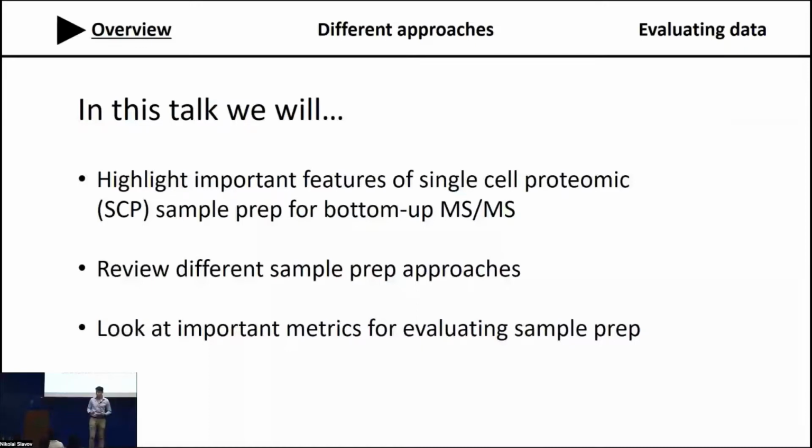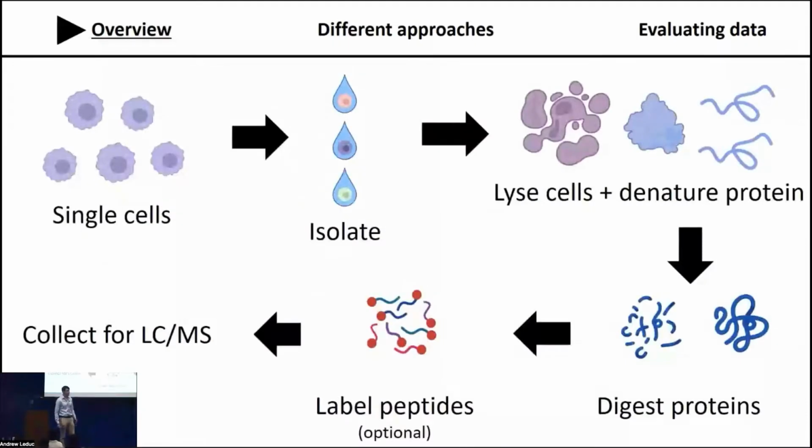So it's good to outline important ways that this can be done, regardless of the method that you use to prepare your samples. And for those of you who don't know, here's a very high level picture of all the different steps involved. We obviously start with our single cells. We need to isolate these cells somehow so that we can perform reactions on each cell individually.